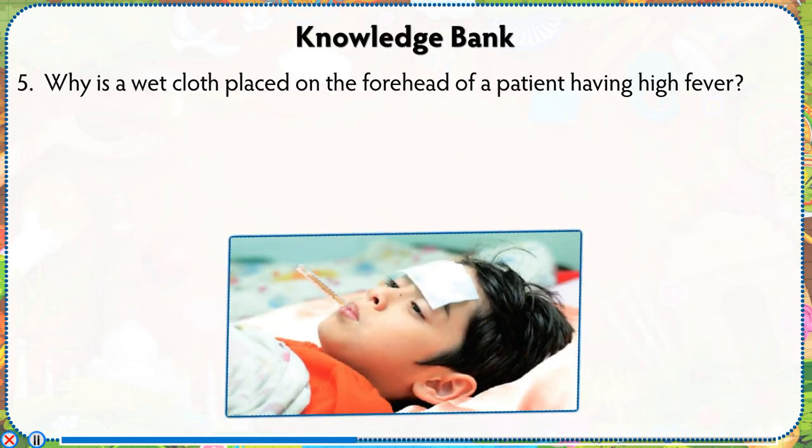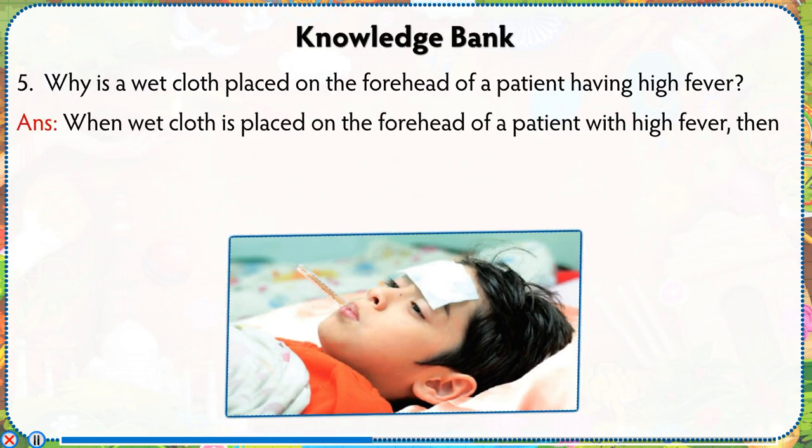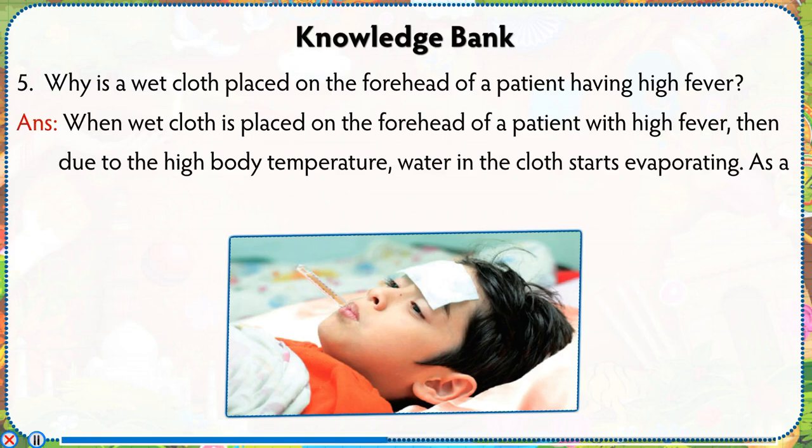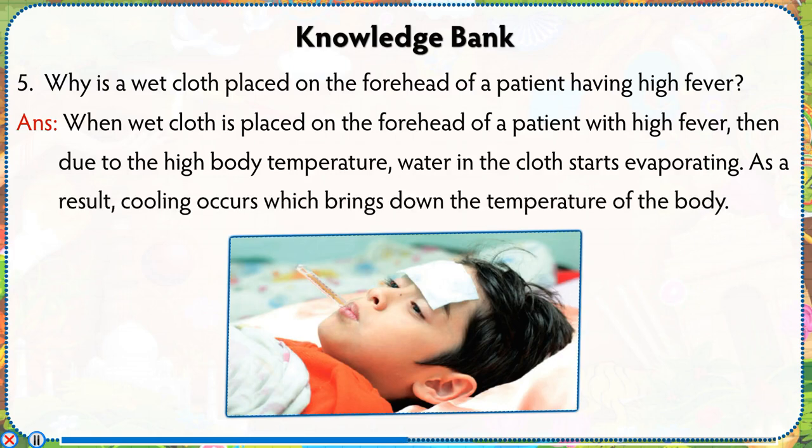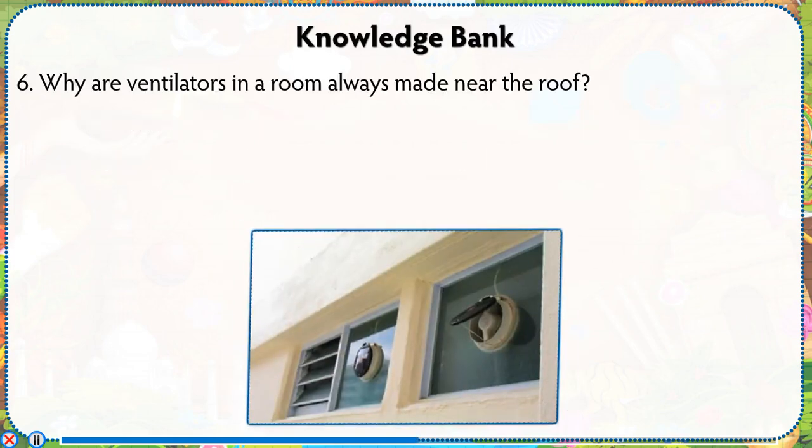Fifth, why is a wet cloth placed on the forehead of a patient having high fever? Answer. When wet cloth is placed on the forehead of a patient with high fever, then, due to the high body temperature, water in the cloth starts evaporating. As a result, cooling occurs, which brings down the temperature of the body.